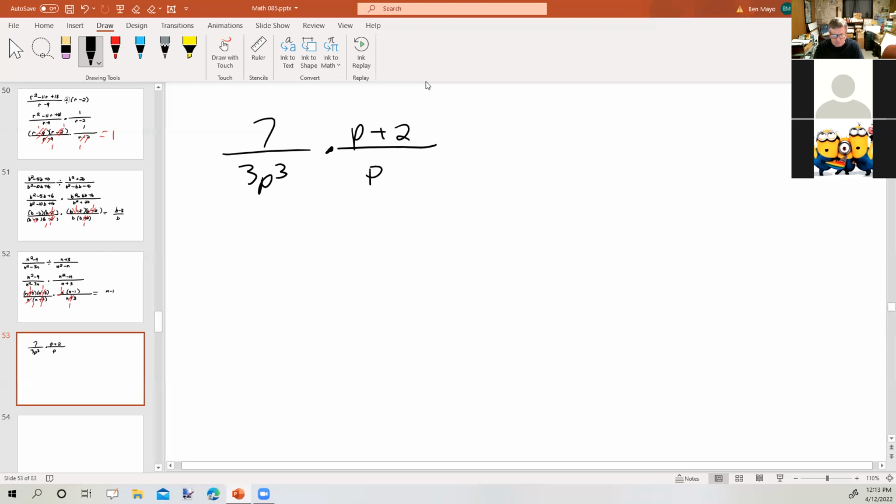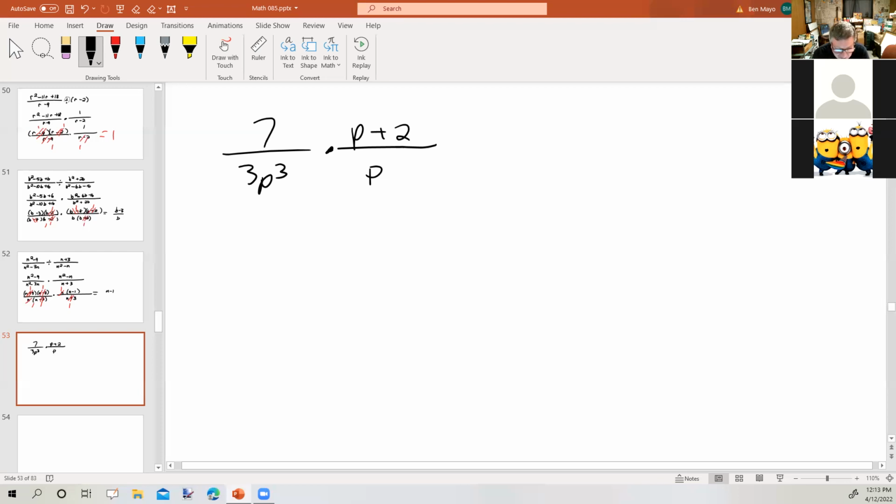You could switch it to multiplication. Well, 7 times p plus 2. Would that work? Look again. Wouldn't we have to factor the 3p to the third power first? Look again.